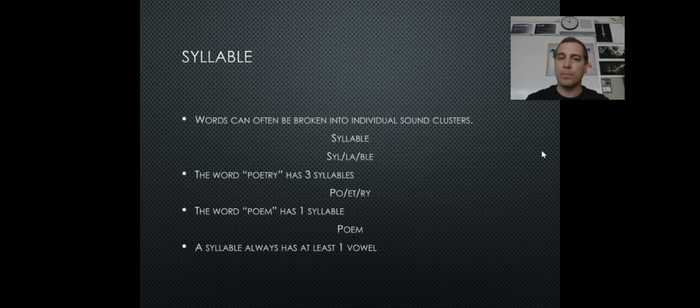If we look at the word poetry: po, the O is the vowel sound; in et, the et is the vowel sound; and in the re, the E, even though it's represented by a Y, is a vowel sound. Every syllable has at least one vowel sound, or you can just do the clapping method. Also, a little pro tip, which I'll discuss later: every dictionary shows you where the syllables of a word are.